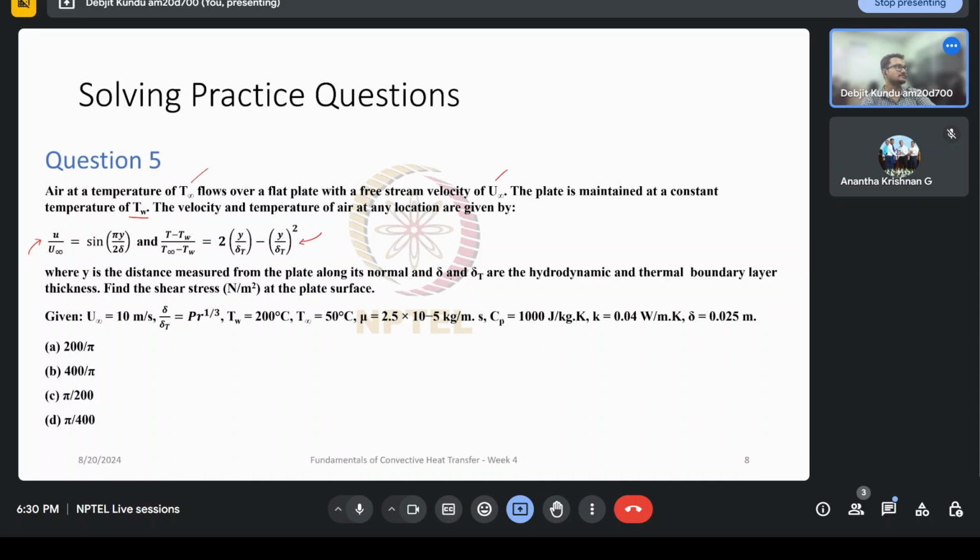These are normal notations. U infinity is given, this relationship between delta and del T is given, TW is given, T infinity is given, and all the material properties are also given, as well as the hydrodynamic boundary layer. Given all this, you need to find the shear stress at the plate surface.